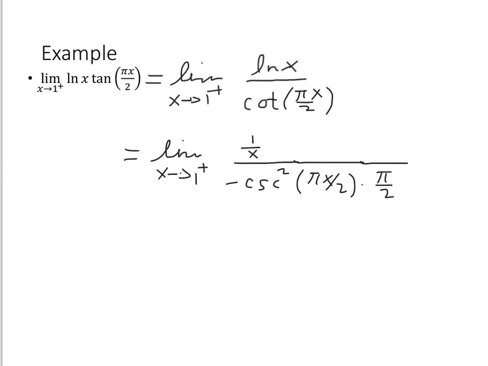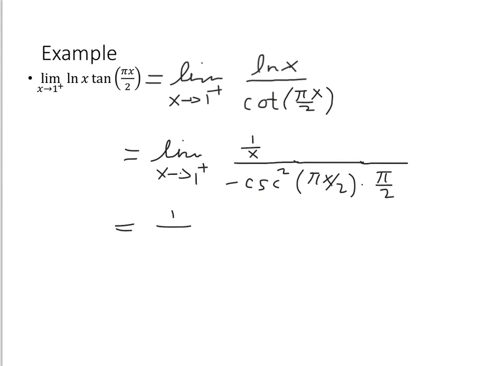All right, and now we look at this new limit and see if it's any better than what we had before. Well, notice now that as x goes to 1, the top is going to 1. The bottom, as x gets close to 1, pi x over 2 is getting close to pi over 2, and the cosecant of pi over 2 is just 1. So the top is going to 1, and the bottom is going to minus pi over 2.